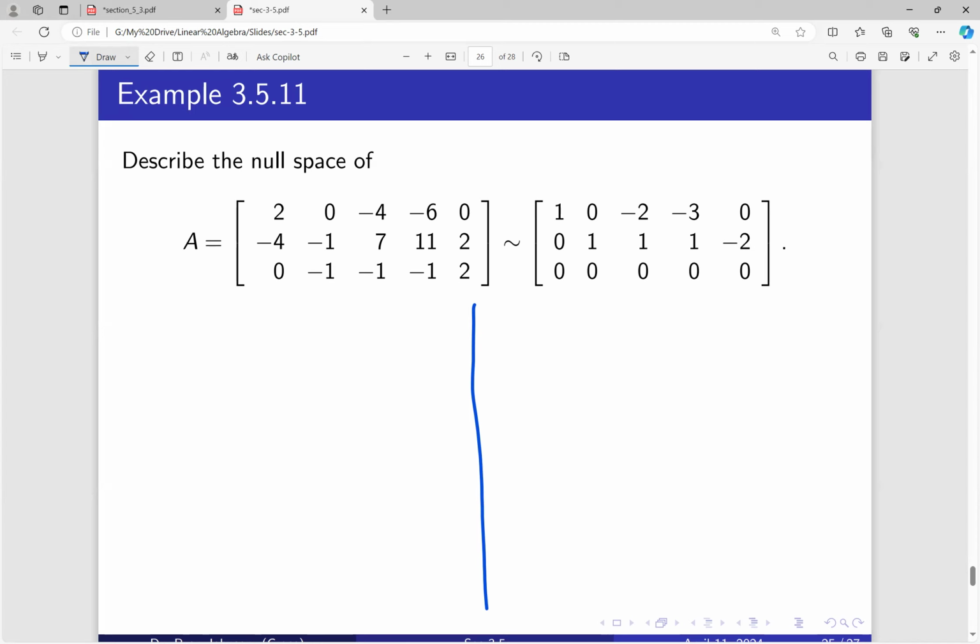So the book's way of doing this is to imagine that you augmented zeros onto the matrix here, and then interpret these as equations.